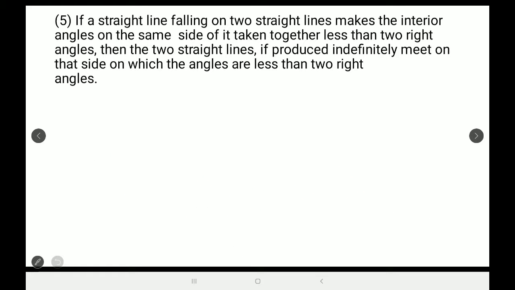Now the last postulate. If a straight line falling on two straight lines makes the interior angles on the same side of it taken together less than two right angles, then the two straight lines, if produced infinitely, meet on that side on which the angles are less than two right angles. Okay, let's understand. Let's take these two lines.